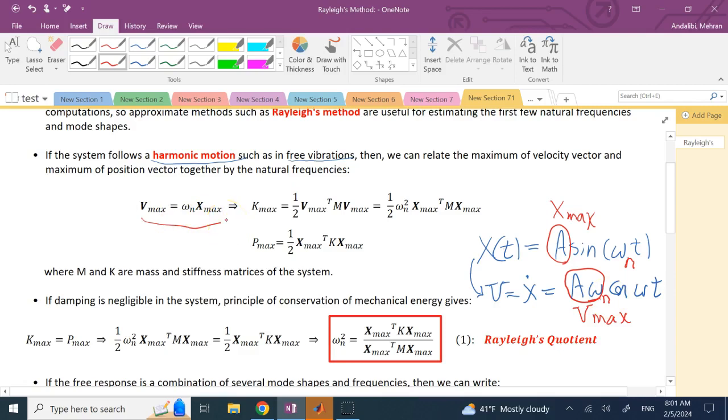Now, here we're going to look at the energy method. So we look at the principle of conservation of energy. We assume that the system basically does not have any damping or any source of removing the kinetic energy or the mechanical energy of the system, and the mechanical energy is conserved.